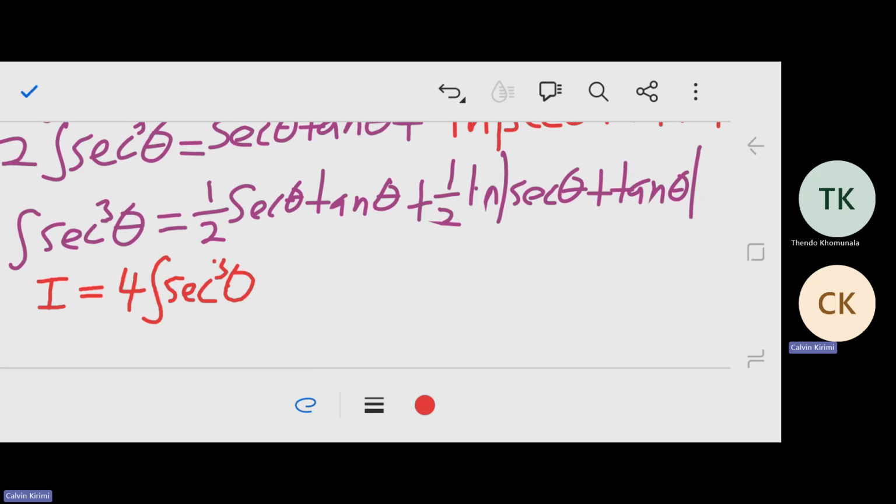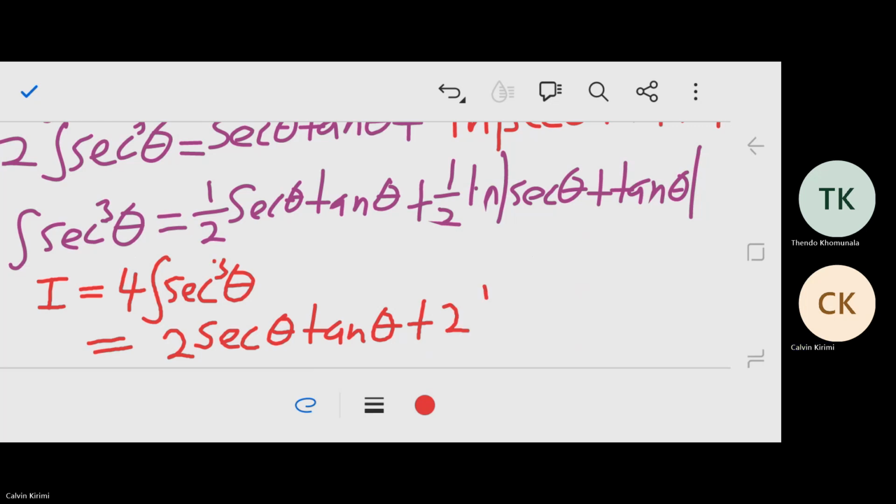When we multiply everything by 4, it is going to be 2 secant theta tan theta plus 2 ln of the absolute value of secant theta plus tan theta, plus C. That is the integral.